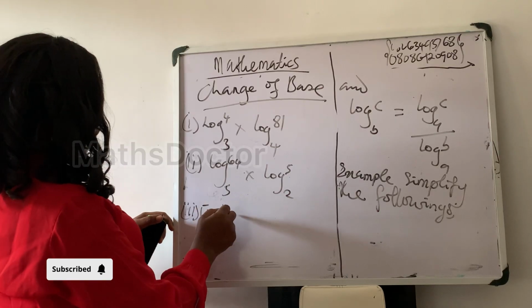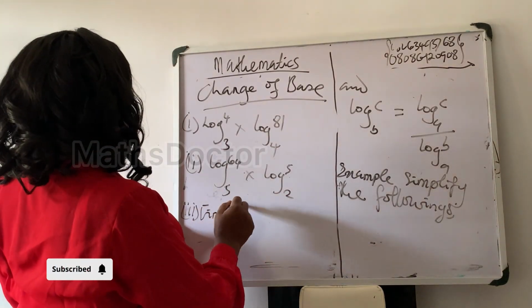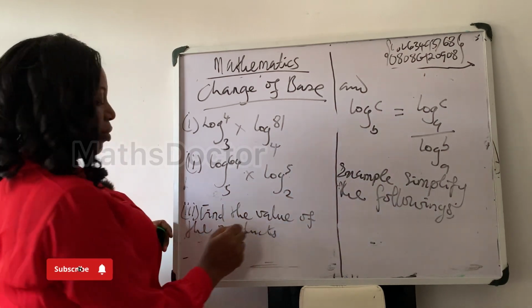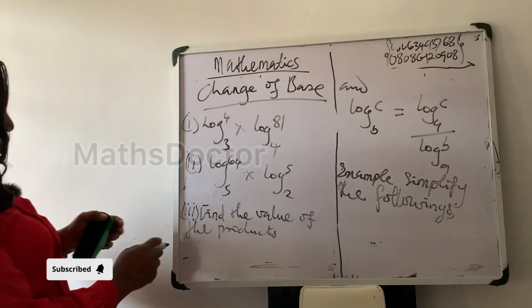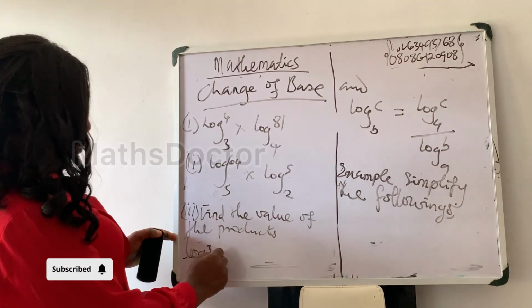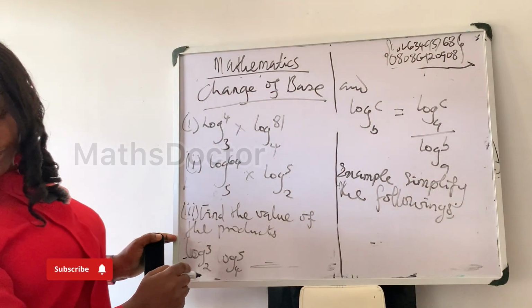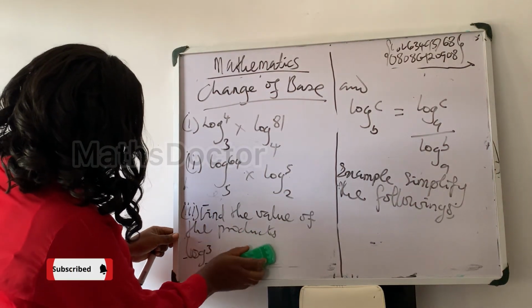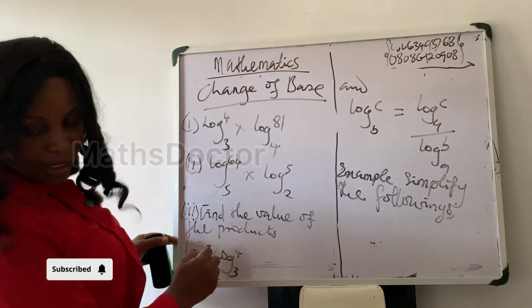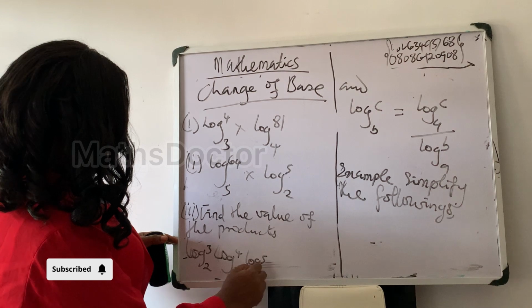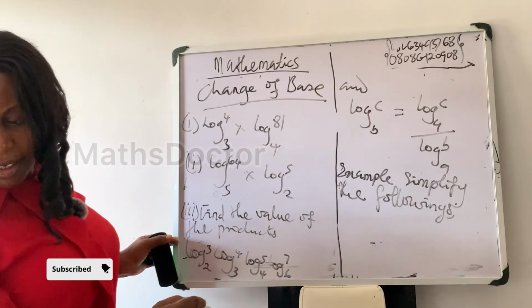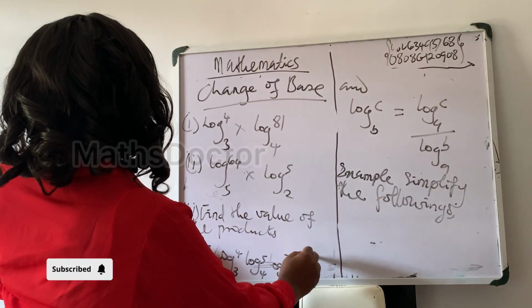3, find the value of the product: log 3 to base 2, log 4 to base 3, log 5 to base 4, log 7 to base 6, and log 8 to base 7.